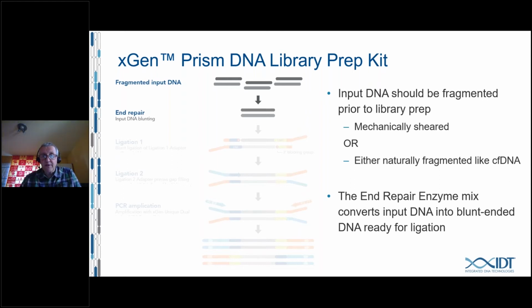For higher quality FFPE DNA, we recommend at this point in time mechanical shearing as a first step. Mechanical shearing is the technology we have most experience with, but there is no indication that it should not work with enzymatically sheared DNA. So the input is fragmented DNA, and in a first step, enzymatic reactions will end-repair the insert molecules. The end repair will do a fill-in or a degradation such that the final molecules are blunt-ended.